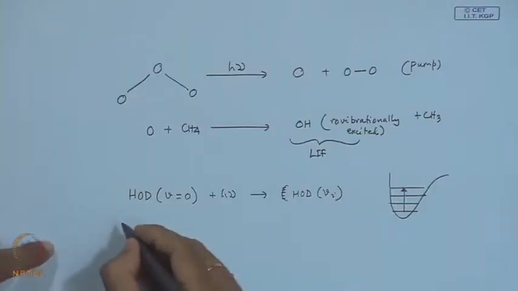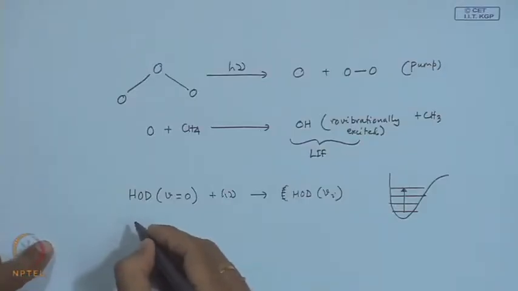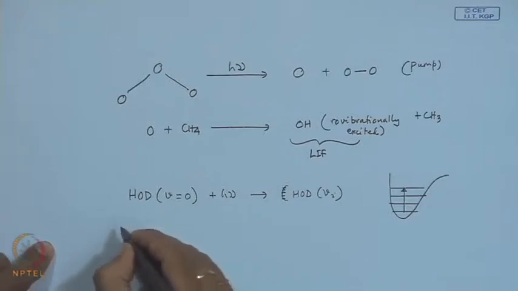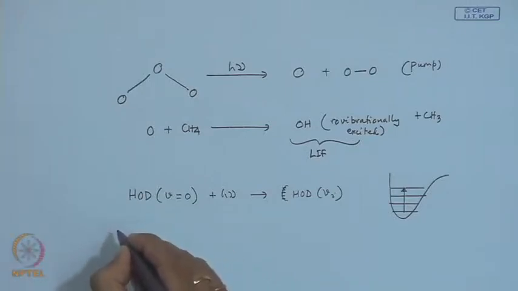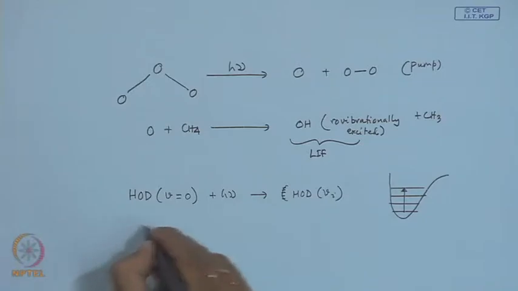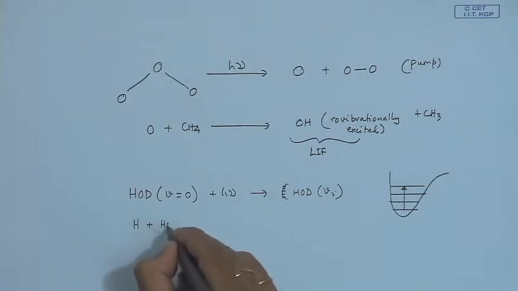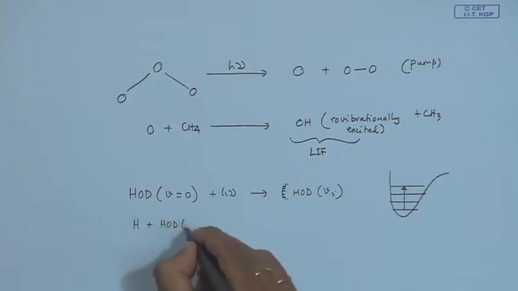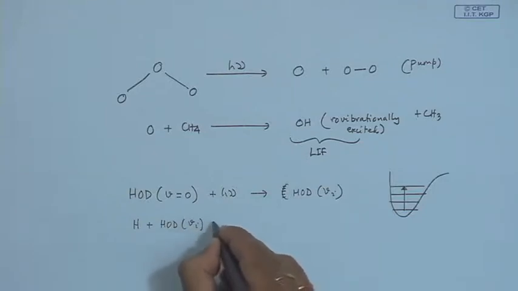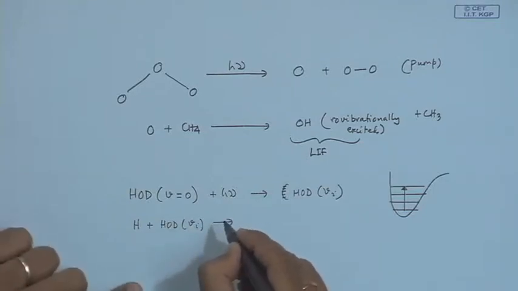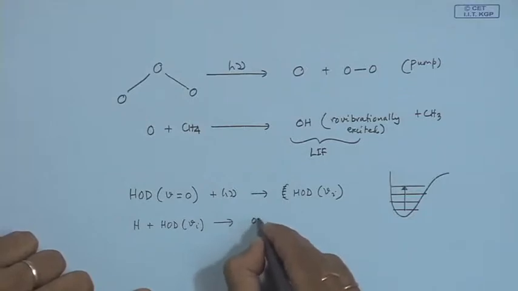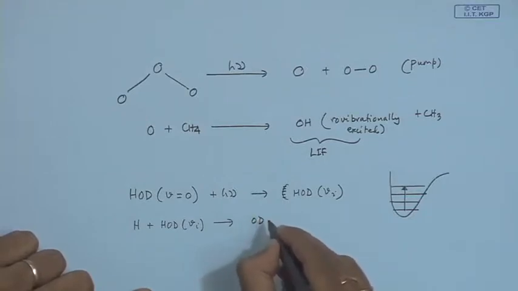Then, using a microwave discharge, you can generate nascent hydrogen. So, H plus HOD vi will give rise to the possibility of OD or OH.